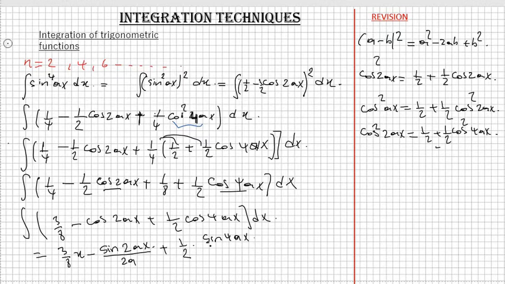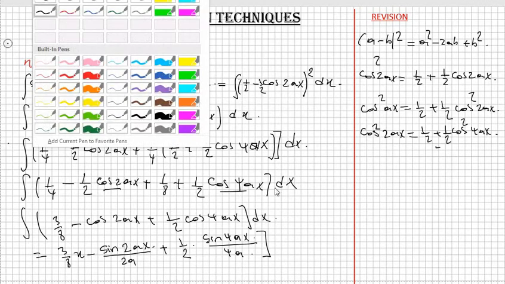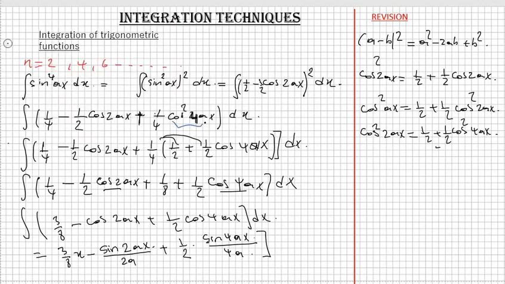So we have sine 4ax, and then we divide by the coefficient of x, in this case 4a. So we need to divide this by 4a. And then we add a constant.